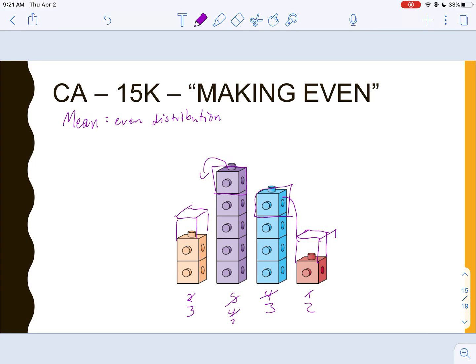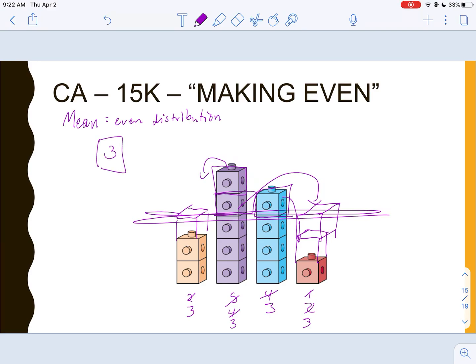If I take 1 away from here and move it here, this ends up giving me a tower of 3, 3, and 3. And so we can see for all of them, the mean is 3. And this is another way of thinking about this idea of even distribution.